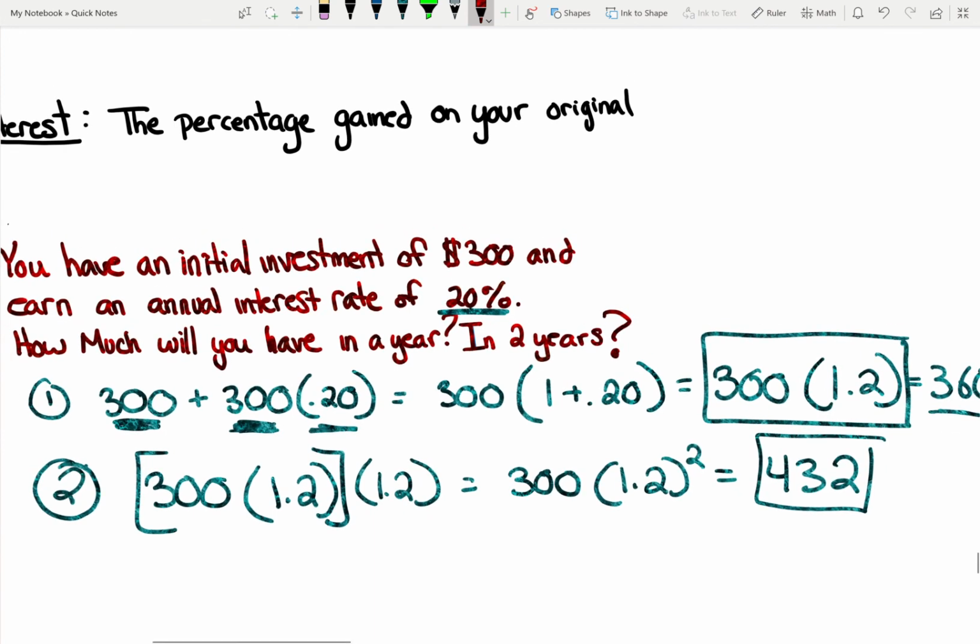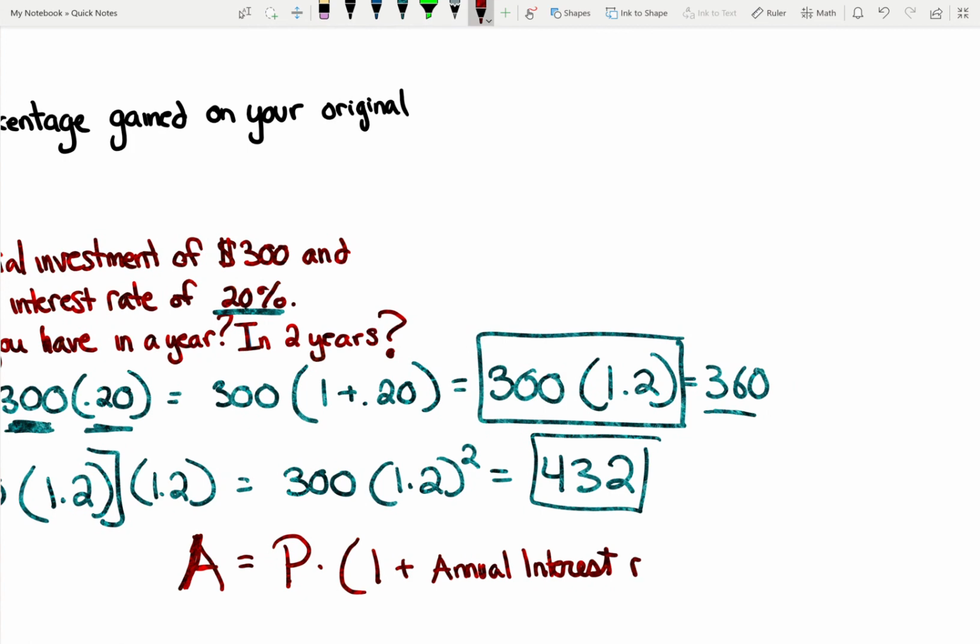The amount I've accumulated is equal to the principal amount. Principal means your original investment, times 1 plus the annual interest rate, and I'm going to raise this to t, which is the number of years.